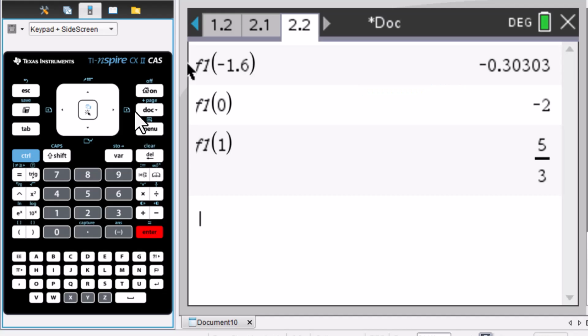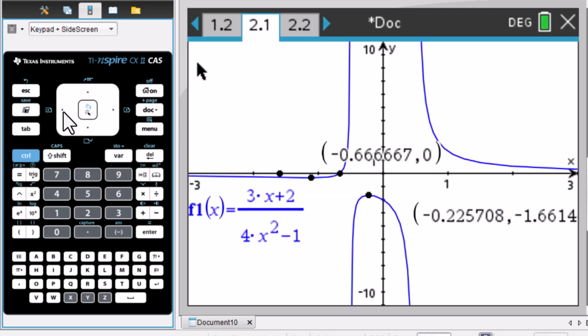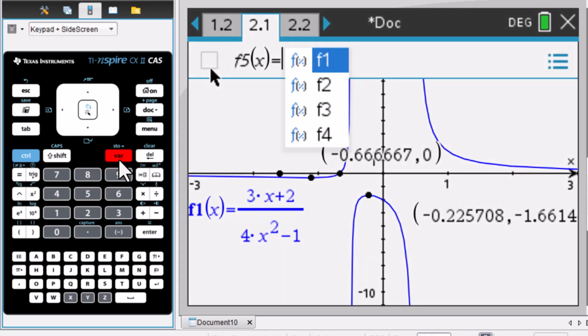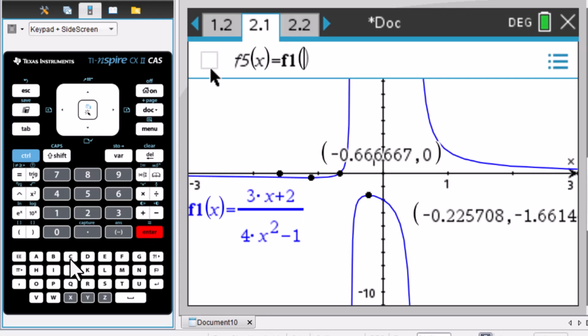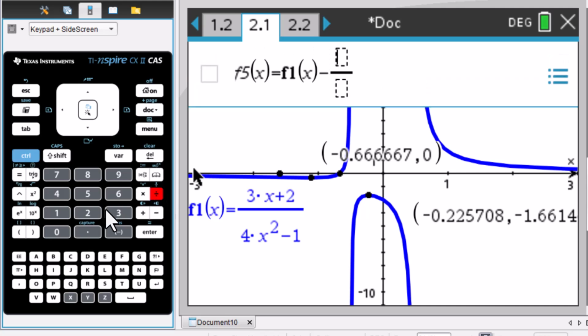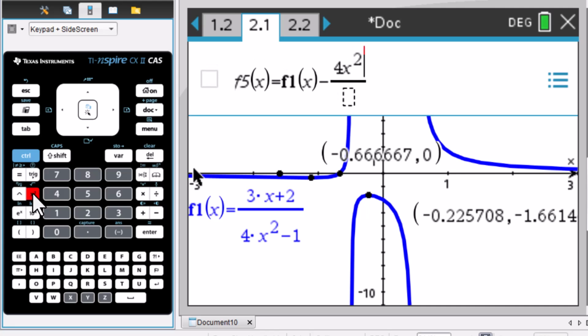Go back to the graphing. Control left arrow. Then tab, f5 of x equals f1 of x minus, control divide, 4x squared minus 1 over 3x plus 2.